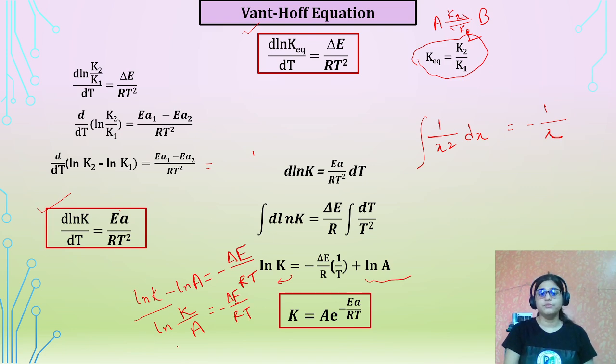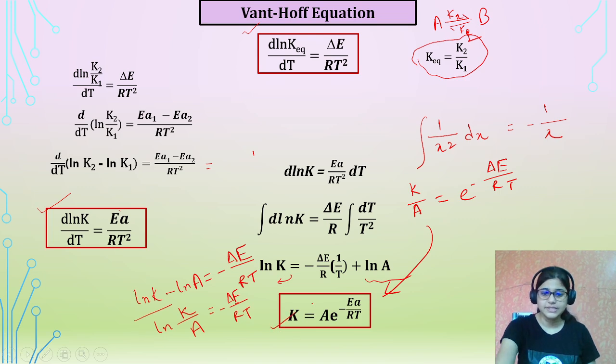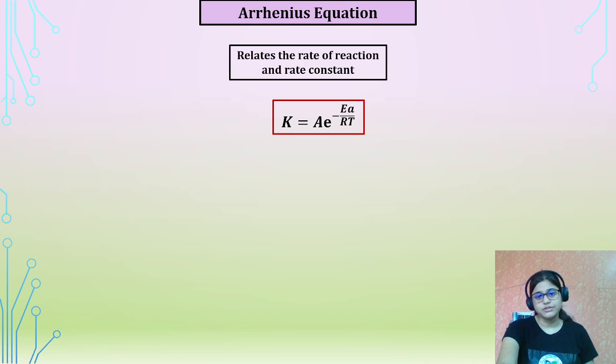So if you now remove the ln, ln has base e, so it will be e to the power. So k by A will be e to the power minus delta E by RT. Okay, from here you can write like this. So this is the Arrhenius equation.